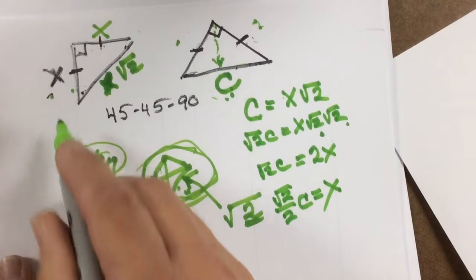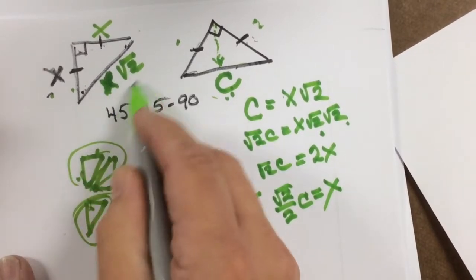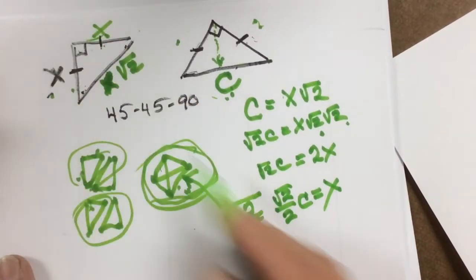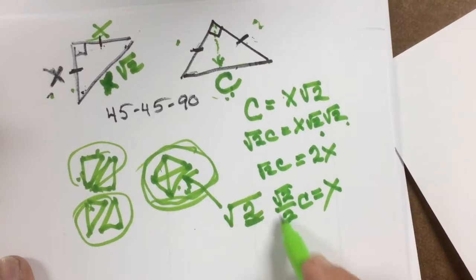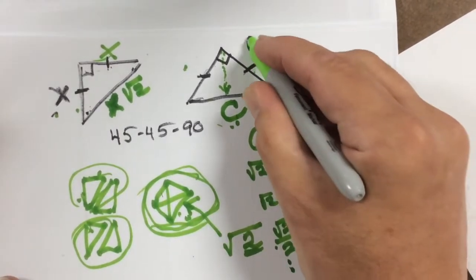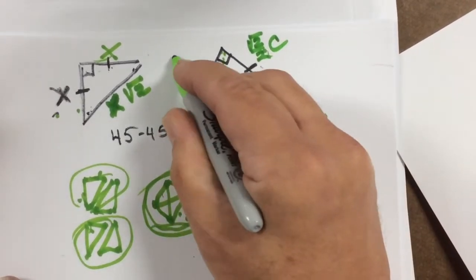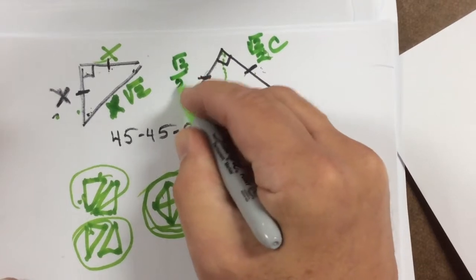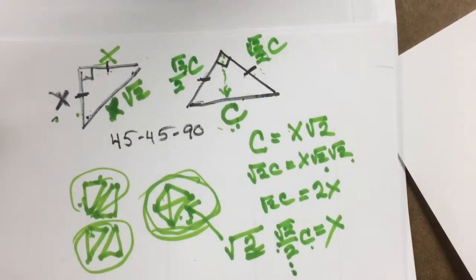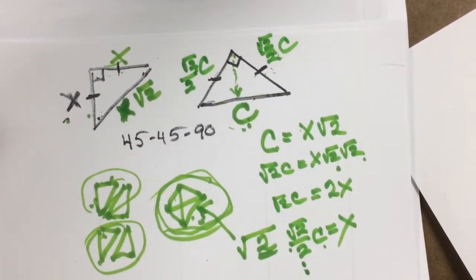And now I know that if this is C, this is square root of 2 over 2 times C. And I'm done.